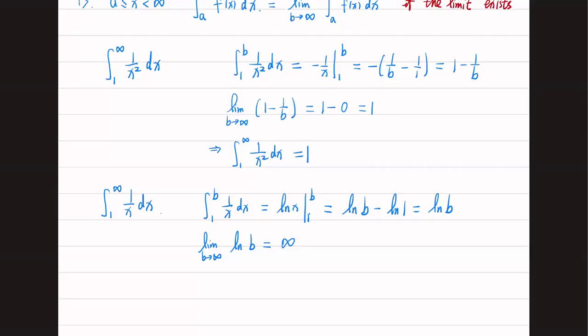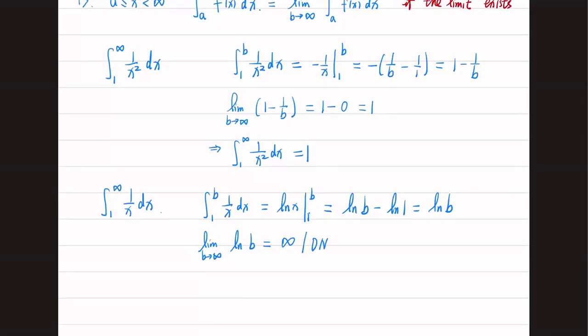So in this case, sometimes we say infinity, sometimes we say does not exist, or it diverges. So for this one, divergent. Let's call the previous one convergent.